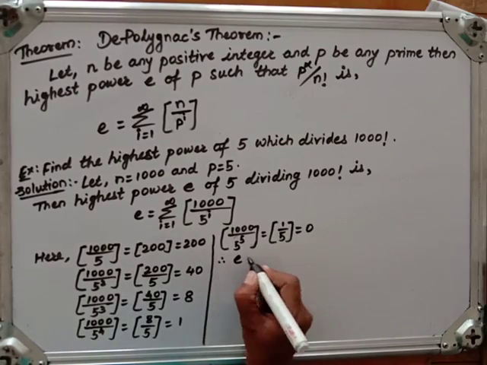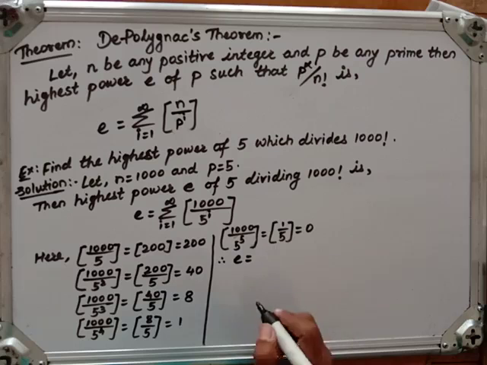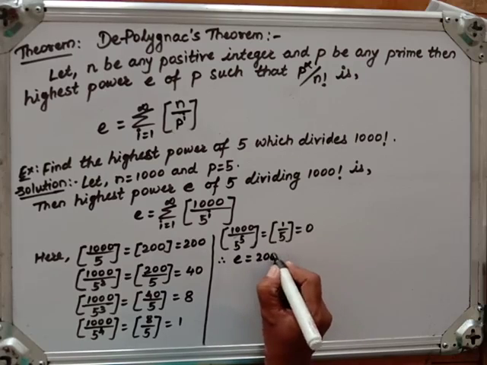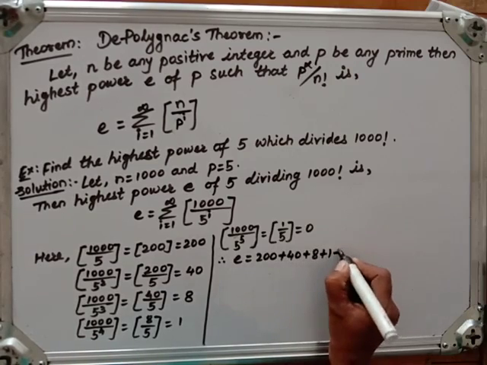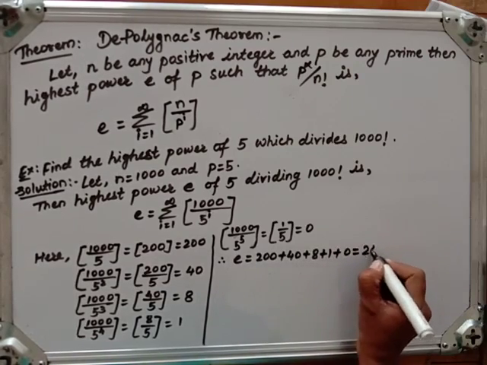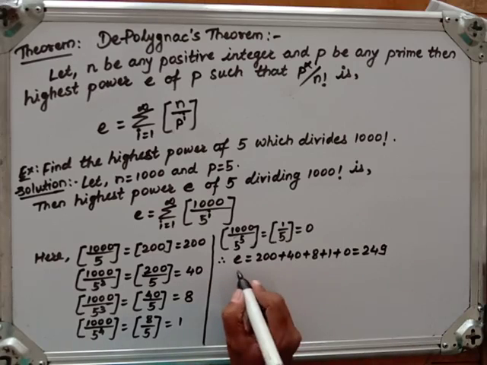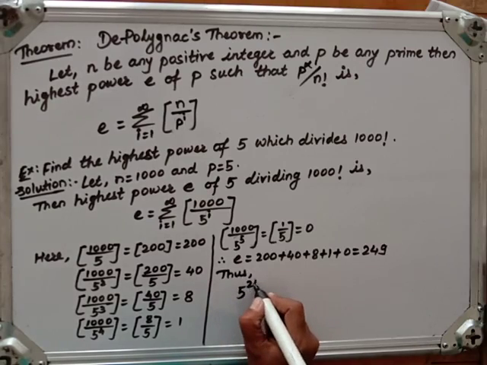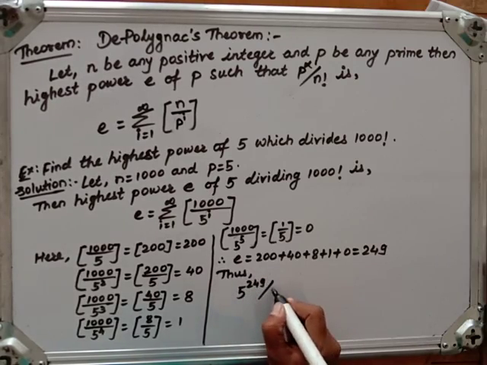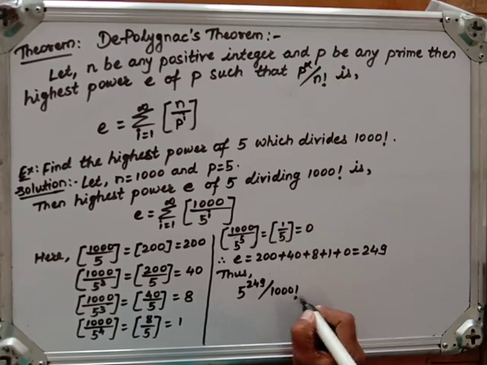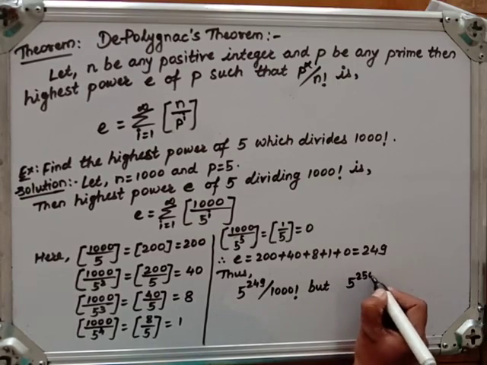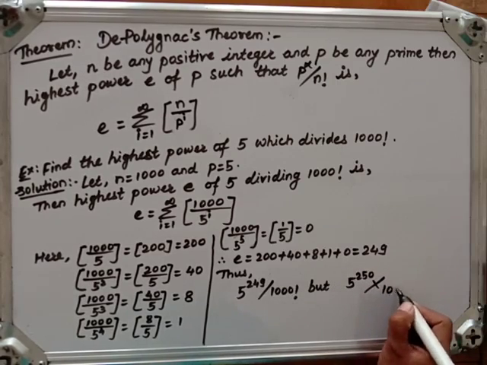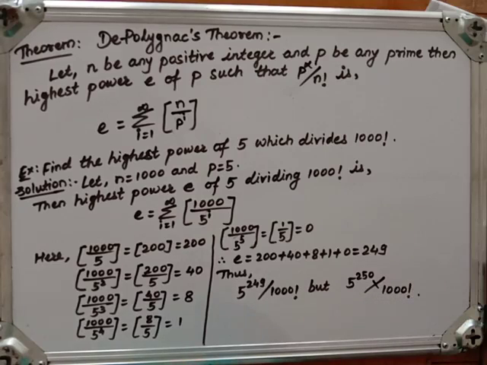Therefore E is the addition of all these: 200 plus 40 plus 8 plus 1 plus 0, that is 249. Thus 5 raised to 249 divides 1000 factorial, but 5 raised to 250 doesn't divide 1000 factorial.